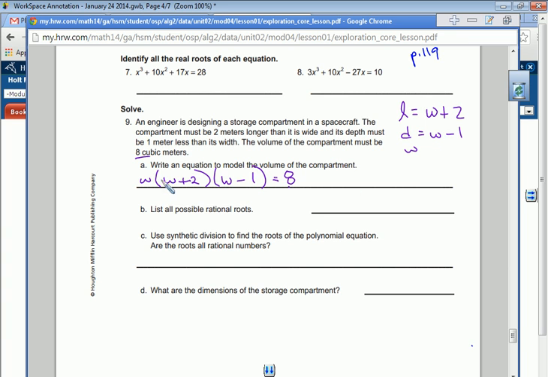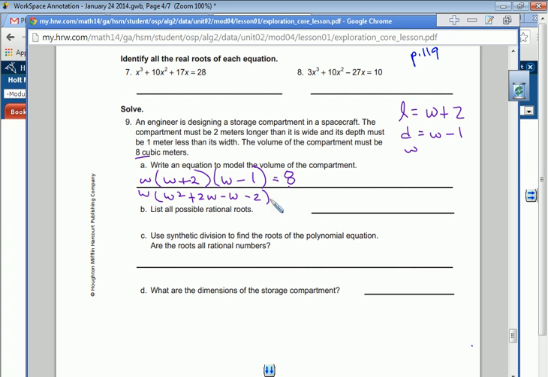All right, so to solve a higher degree polynomial equation, do we ever set them equal to 8? No. What do we set them equal to? 0. So the first thing we're going to have to do is multiply this back out and move that 8 over so that we can set it equal to 0. So if we distribute this W plus 2 through here, and then the W through the final, we'd get W squared plus 2W minus W minus 2.